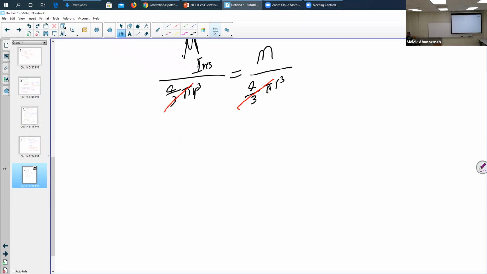So the mass inside the Earth is going to equal your mass divided by, let's call the radius of the Earth big R. Let me write the whole thing back.